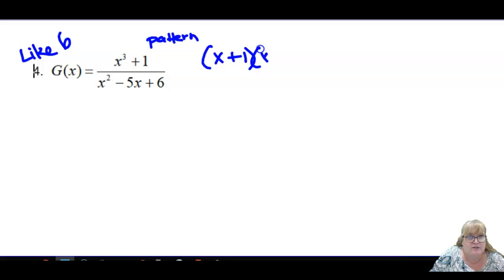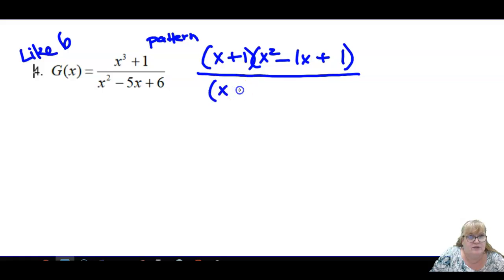And then it's x squared and a 1x and a 1, but remember the sign changes here and stays the same back here. The denominator factors with an x and an x, and a 6 and a 1 to make 5. If I want a negative 5, I need a negative 6 and a positive 1. Guess what? We have a hole.